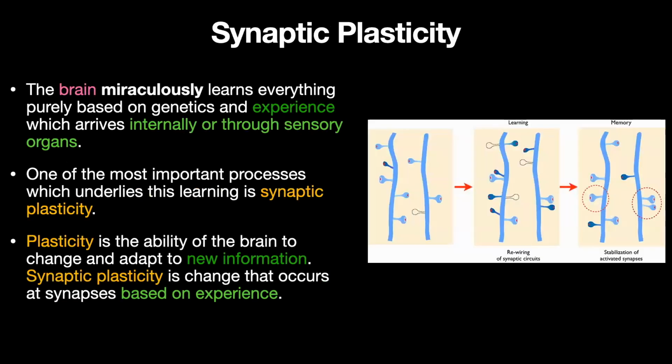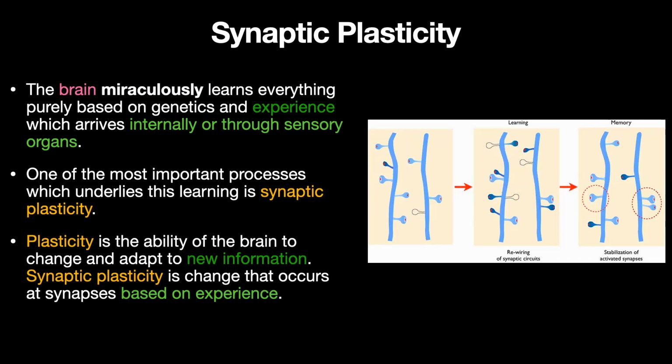That's where synaptic plasticity comes in. The brain miraculously learns everything purely based on genetics and experience, which is kind of subtle, but also kind of crazy, right? You're taking input from your eyes and your ears, and you're producing outputs through your mouth or your arms, and that creates your brain.